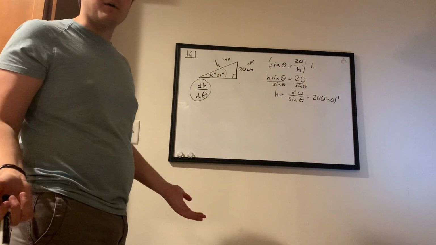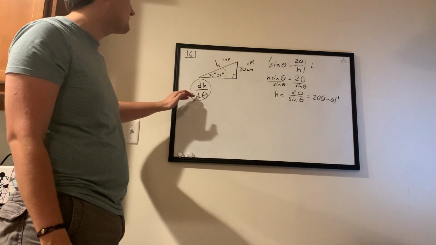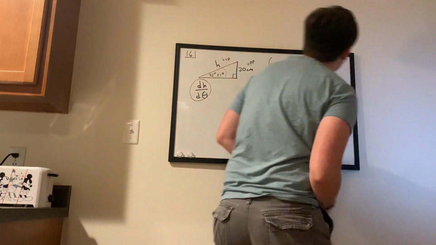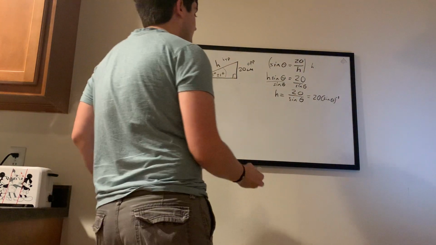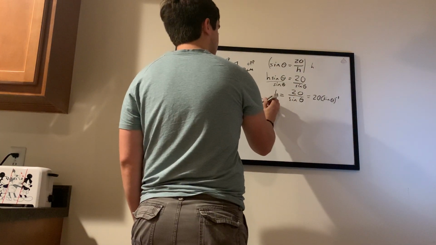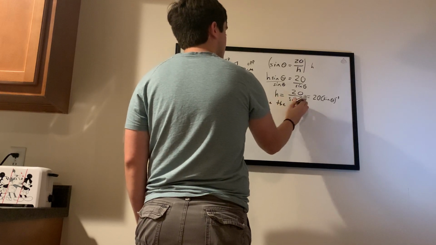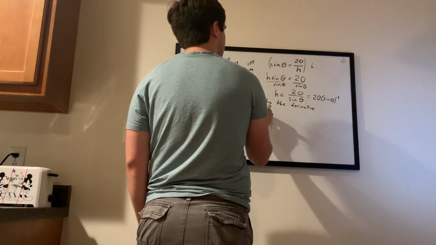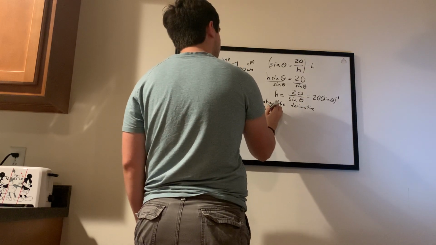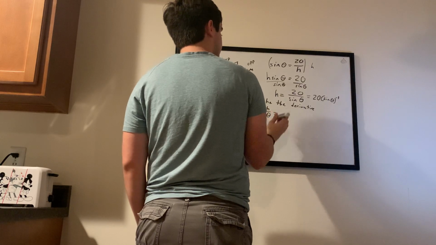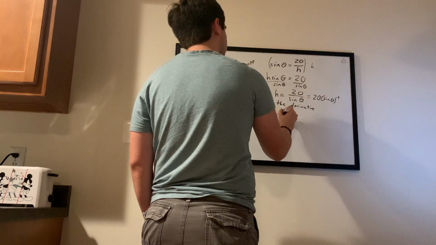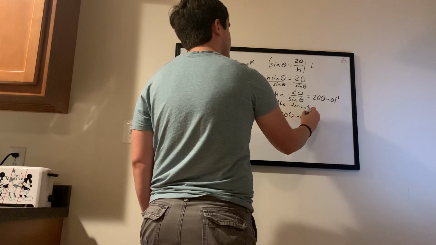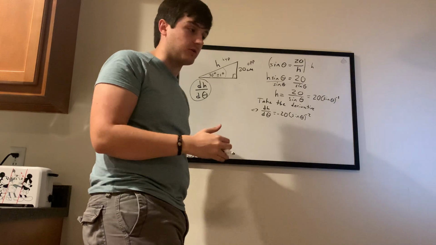This is helpful because I want the derivative of h with respect to theta, so I'm going to take the derivative of the right side. We get dh over d theta equals negative 20 times sine theta to the negative second power, by the general power rule.